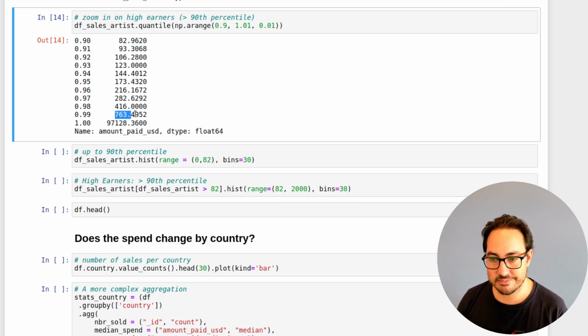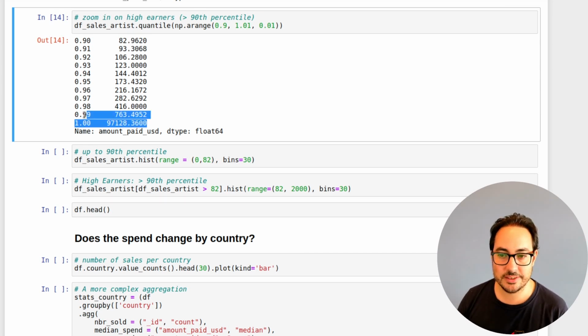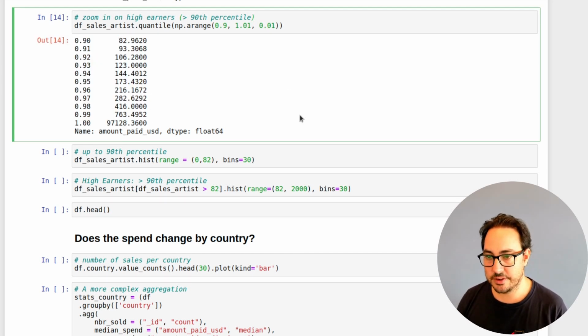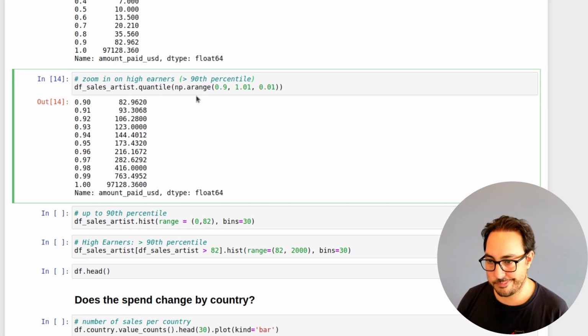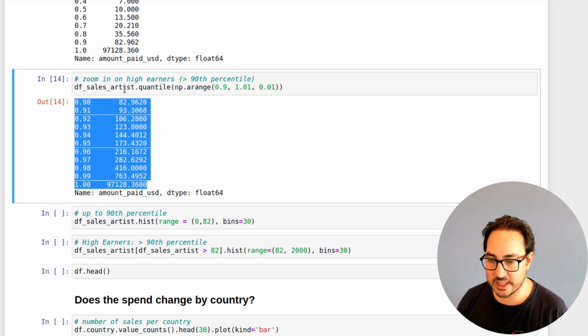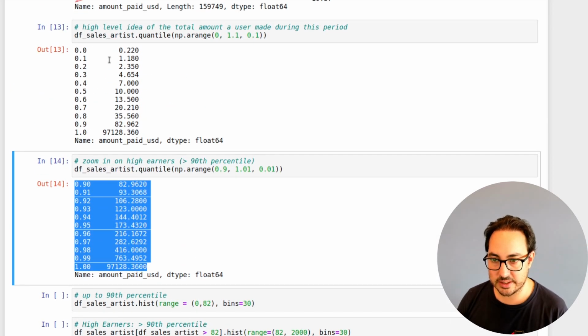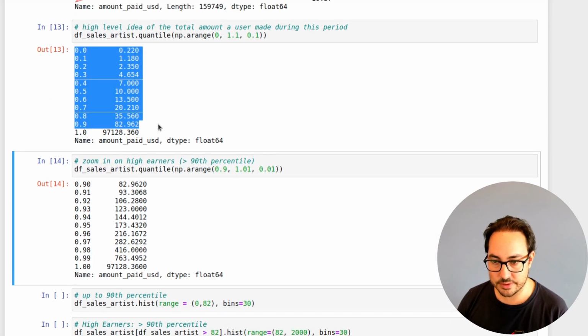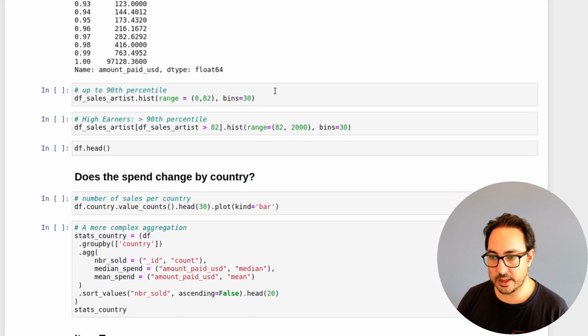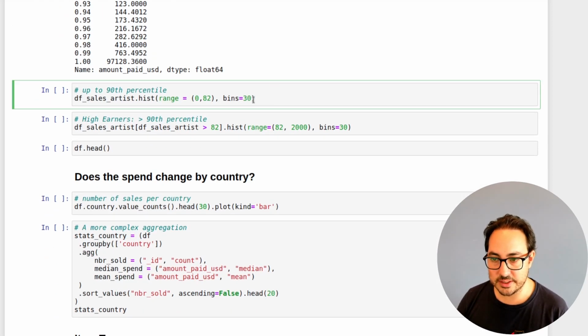These are the top earners, right? We can see that this group of people make a lot more money than the rest of the distribution over here. And we could plot these also.